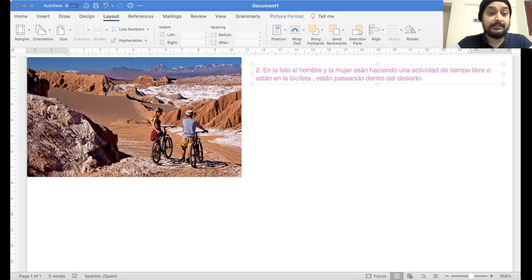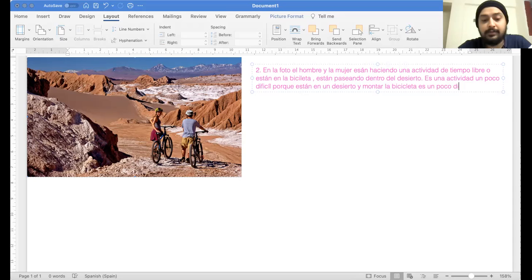You can also say it's an easy activity or difficult activity. Es una actividad un poco difícil porque están en un desierto y montar la bicicleta es un poco difícil.